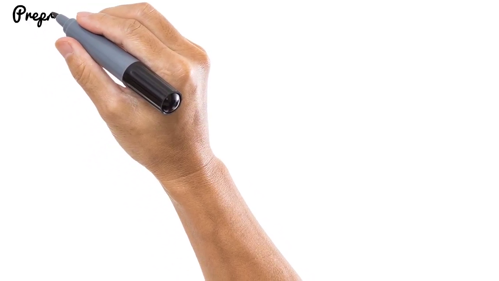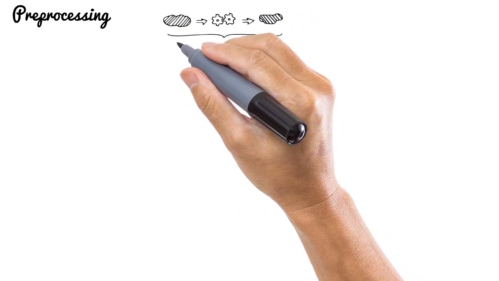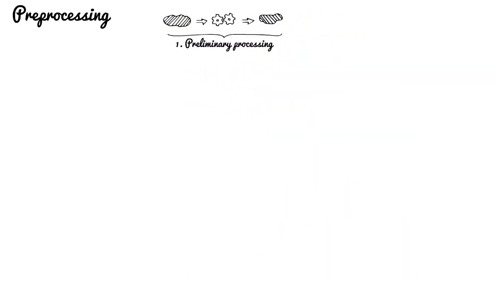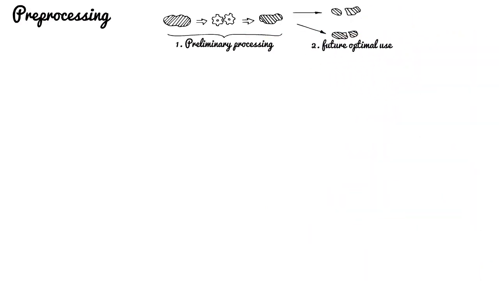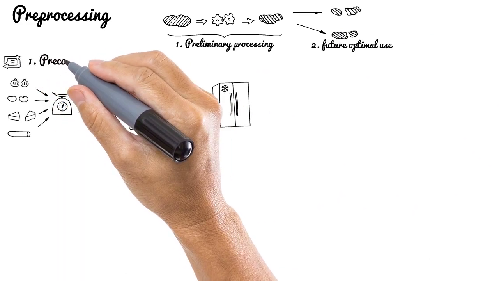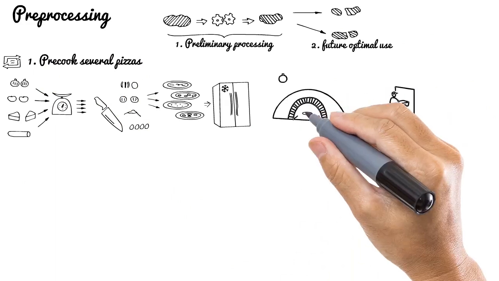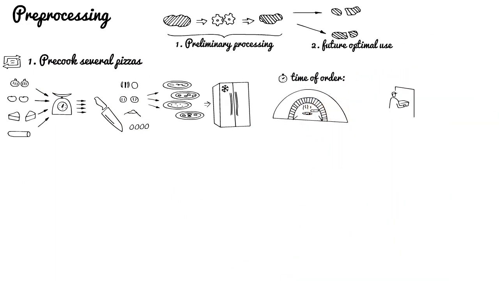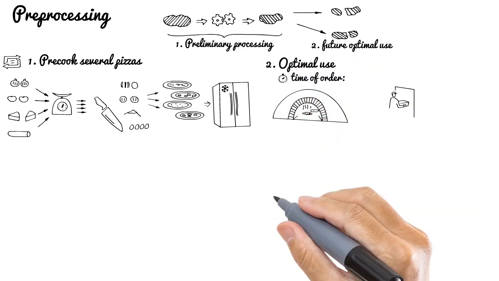Before moving to the next topic about practical use cases, I would like to tell one story about preprocessing. This is about preliminary processing of something for the purpose of further convenient, optimal use. For example, you can pre-cook something. Let's say you pre-cook several pizzas with standard topping lists, put them in cold storage, and when a client later orders, you just count needed types and amount of pre-cooked pizzas to be baked and delivered.